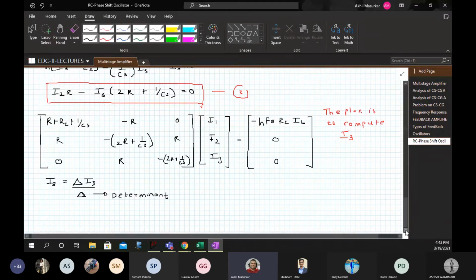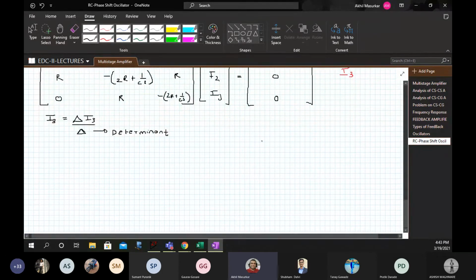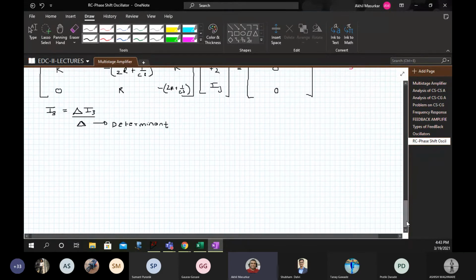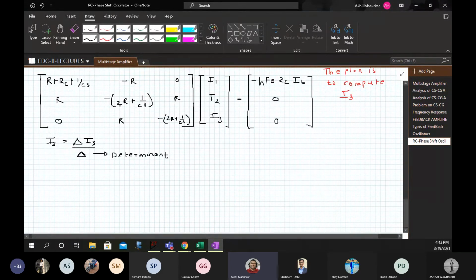Now if it is the determinant, you all know how to calculate the determinant of a matrix. So you take this first term and then you cross multiply these two, then you take minus of this term and then you cross multiply this and this one, and so on.